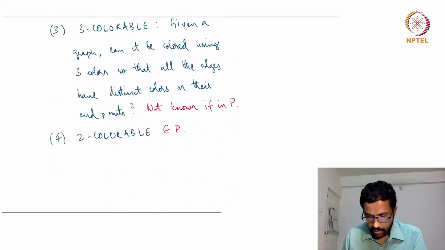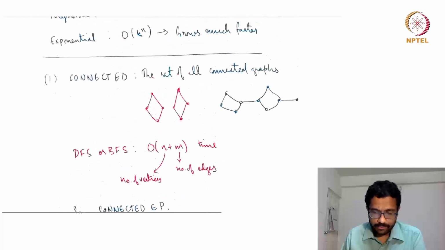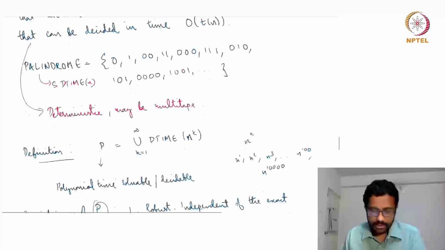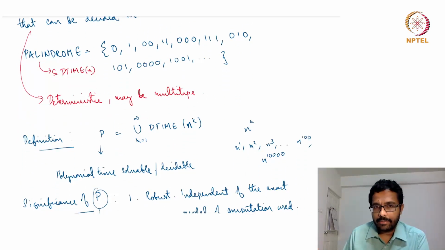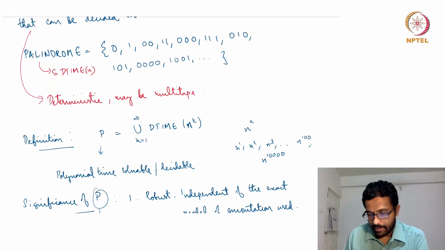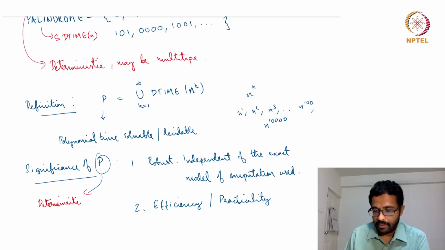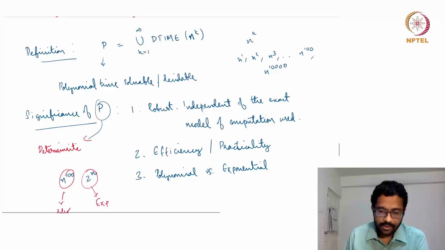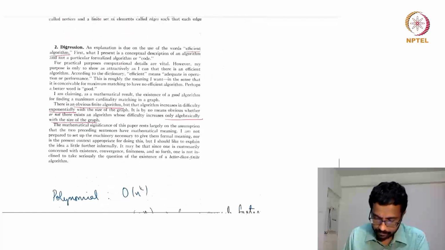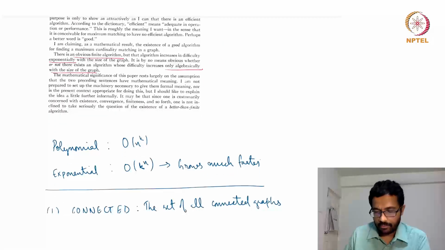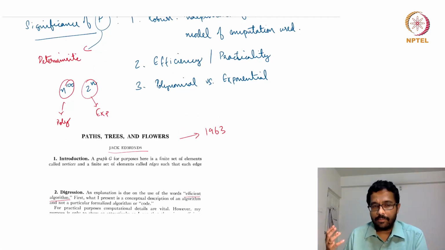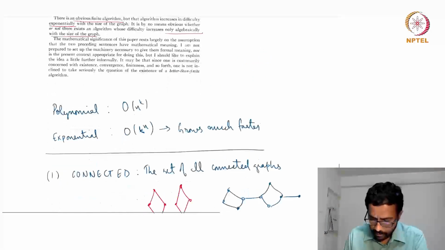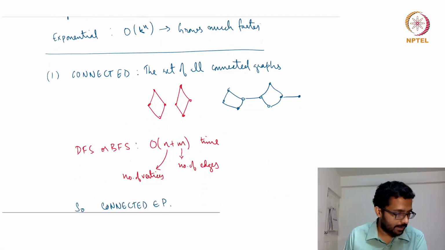Just to summarize what we have seen so far, we have seen the complexity class DTIME of T(n), deterministic time T(n), and P is the deterministic polynomial time complexity class, and I explained the significance of this complexity class. It is robust. It is the class of all computational problems that have an efficient algorithm, right? And we saw some examples, right?